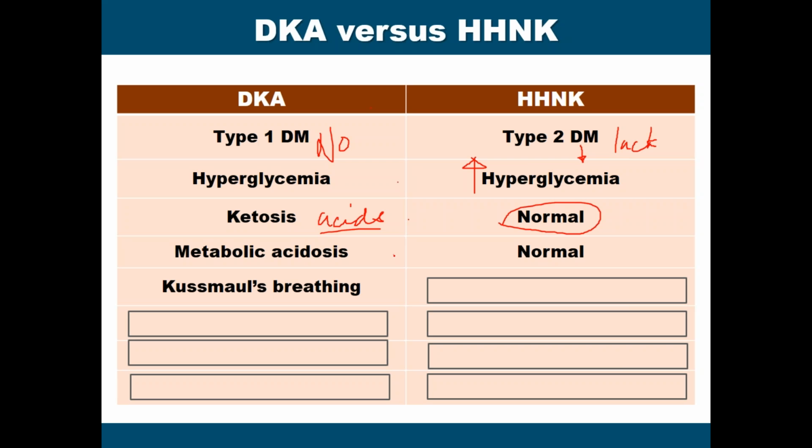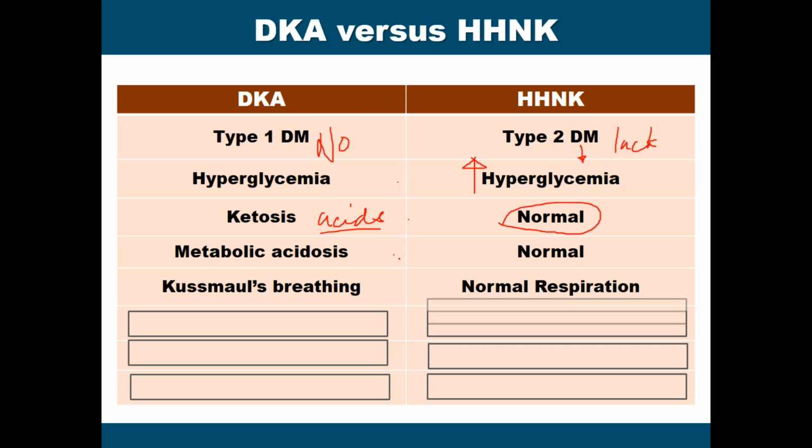When the patient is in the emergency room having DKA, a common manifestation will be Kussmaul's breathing, which is a deep, rapid, labored respiration. In HHNK, the patient usually doesn't have a change in respiration because there is no ketosis and no metabolic acidosis, so there is no need to change respiration to compensate for an acid-base imbalance.